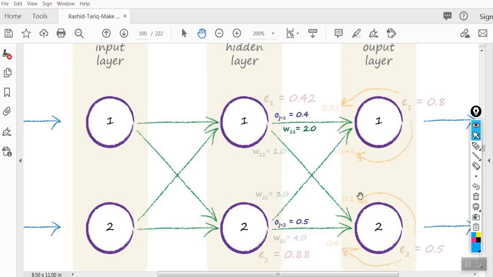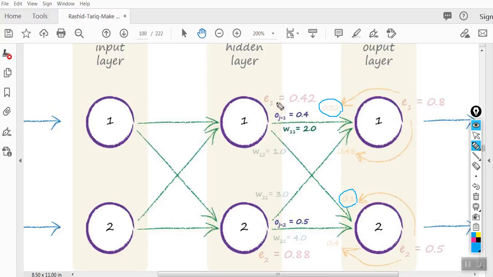Okay, and then E2 is also divided according to W12 and W22. And finally the summation of this error and this error, the links of W11 and W12.